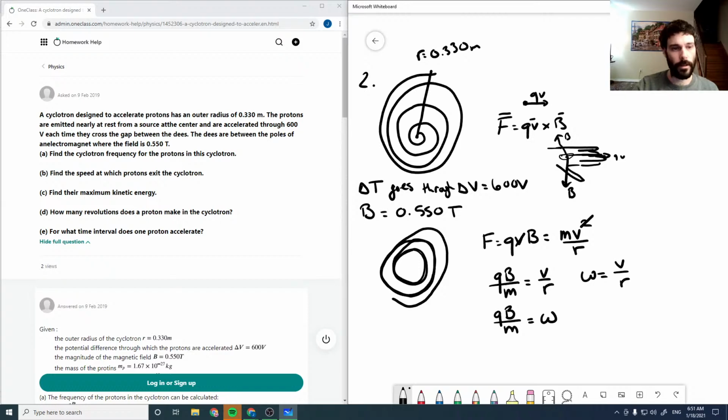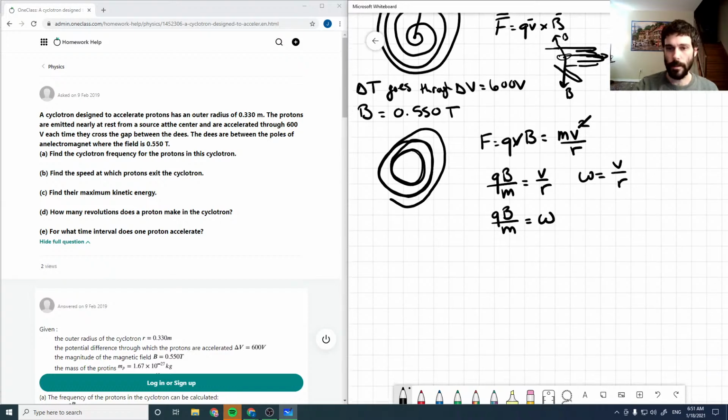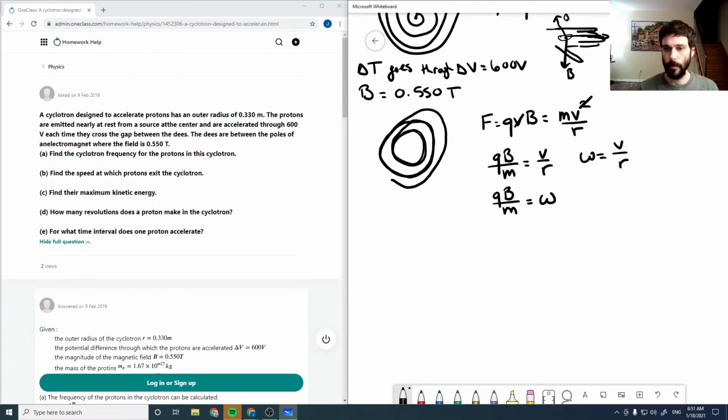So that is our cyclotron frequency. So that's our frequency for our motion. So that's how we are going to get it. So for A, omega is the charge of an electron, 1.6022, charge on a proton, which is just the positive of the charge of an electron.